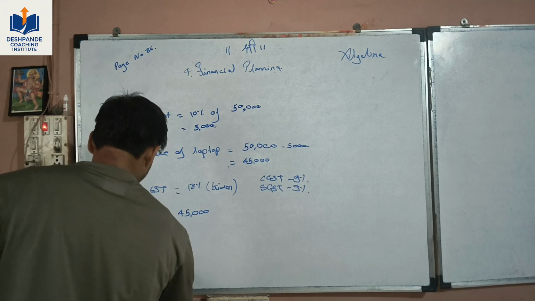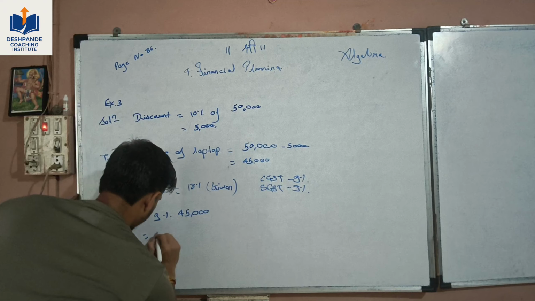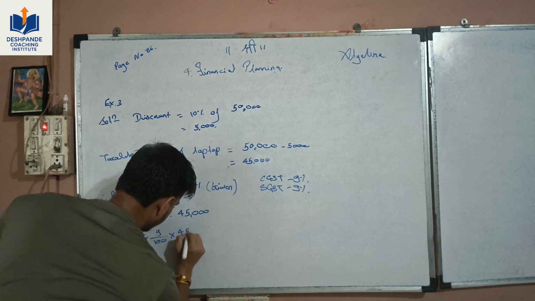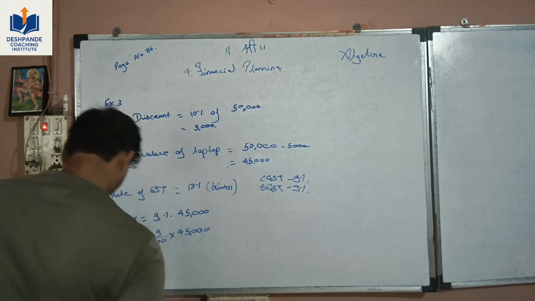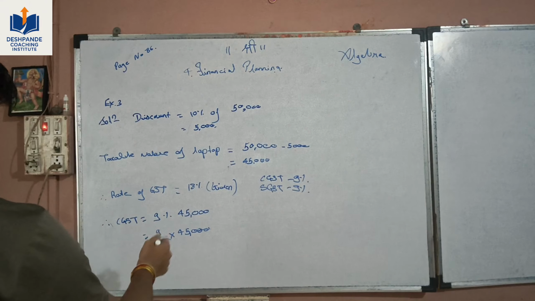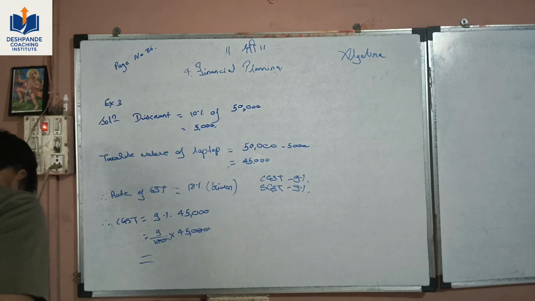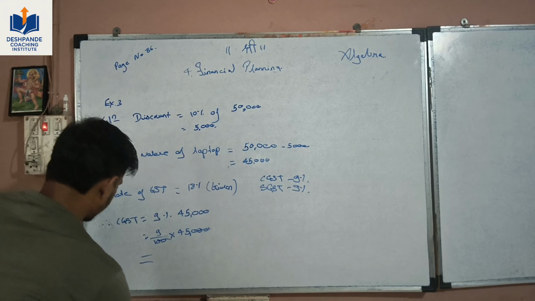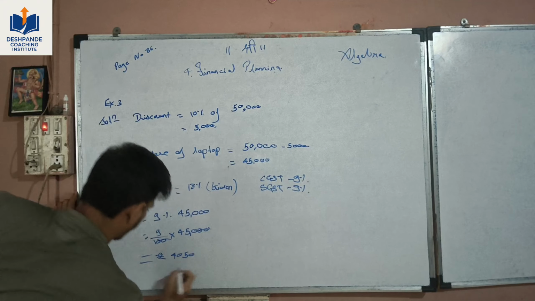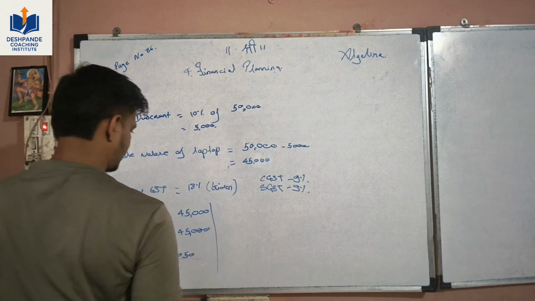So how to solve this? 9% means 9 upon 100 into 45,000. The 100 and the zeros get cut. So now 9 into 450 is equal to 4050. Means CGST will be rupees 4050.